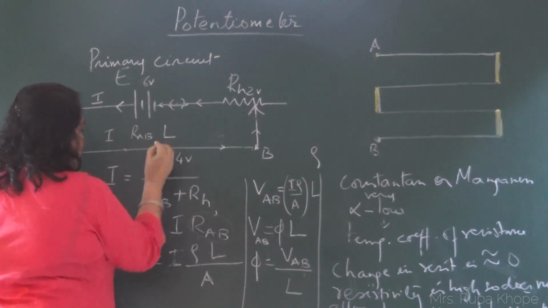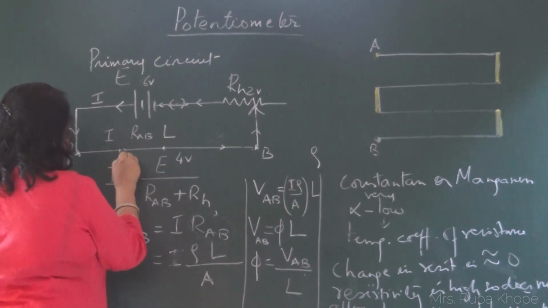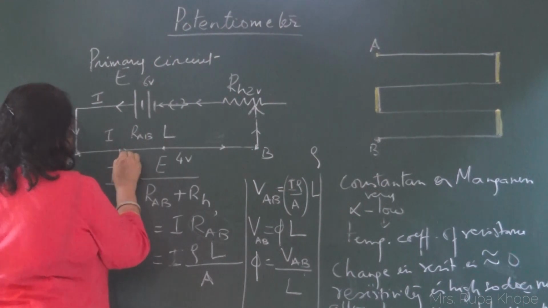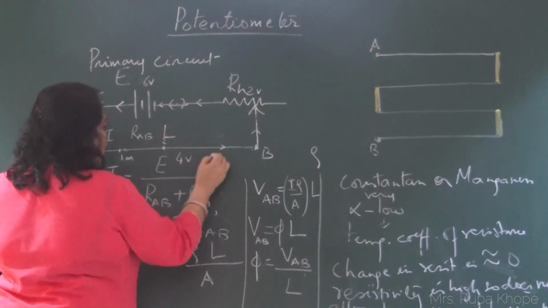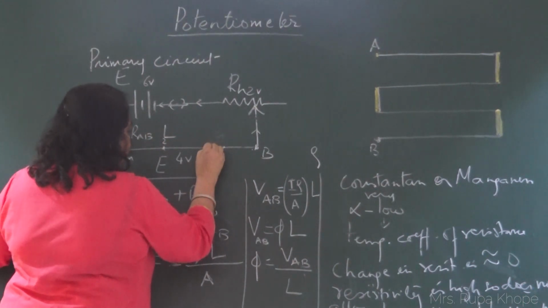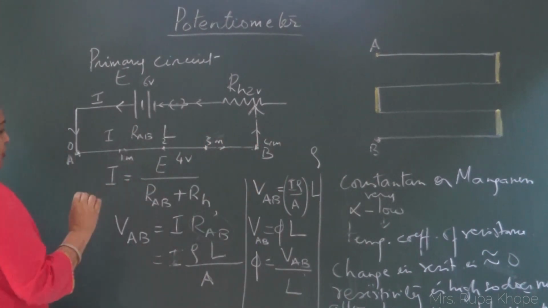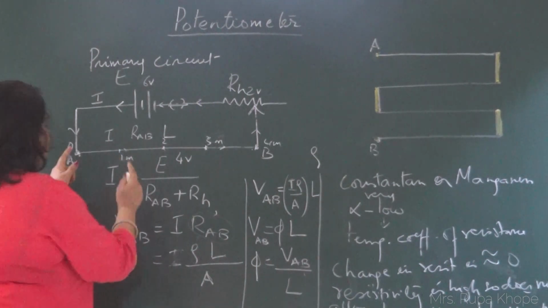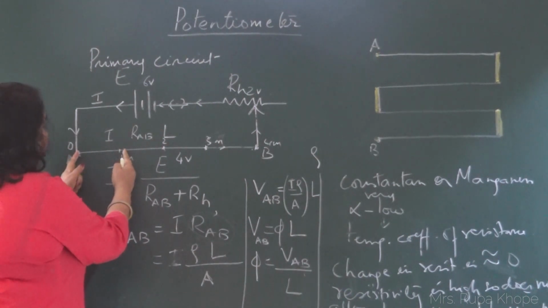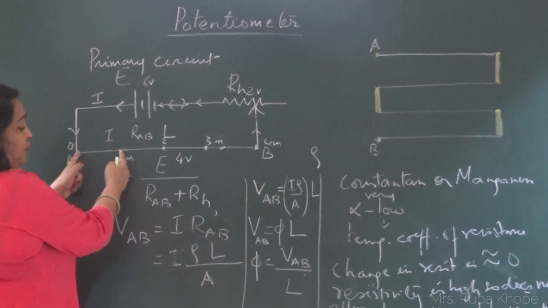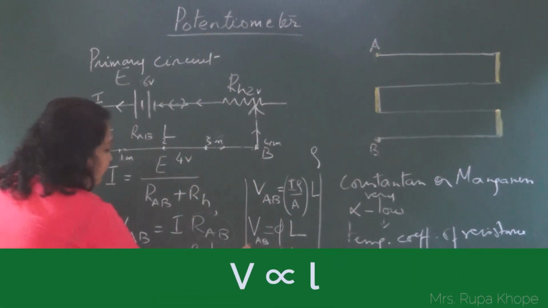Let me divide this wire into 4 parts. This is 1 meter, this is 2 meter, this is say 3 meter, and this is 4 meter. Can you get it? So potential drop across any 2 points of that wire is directly proportional.